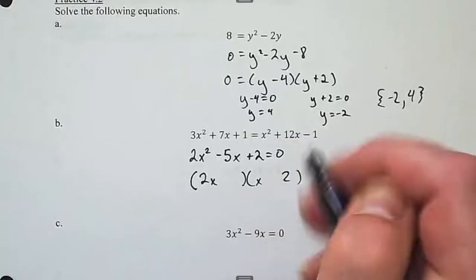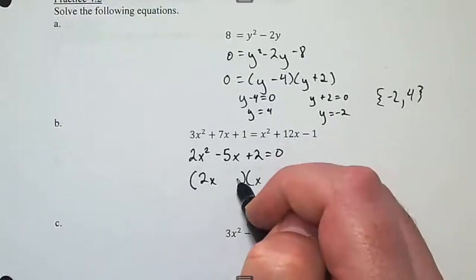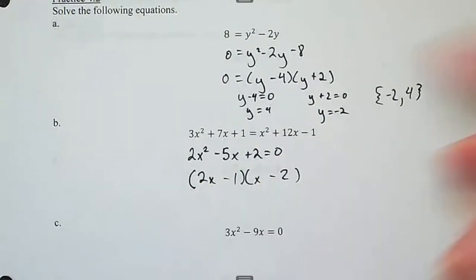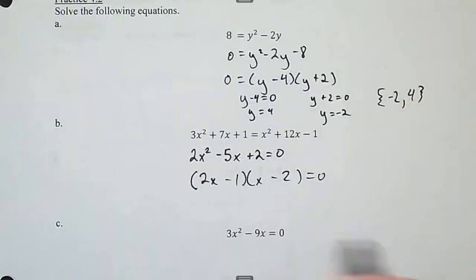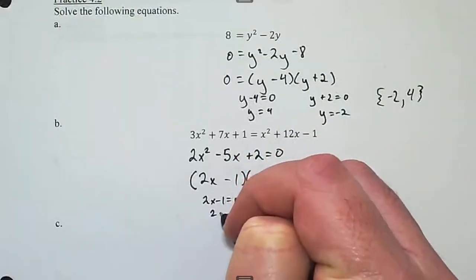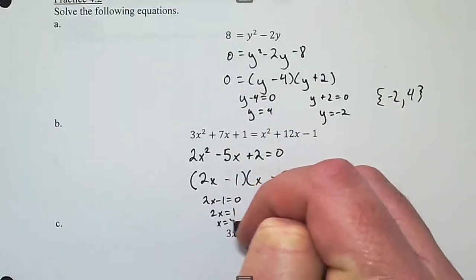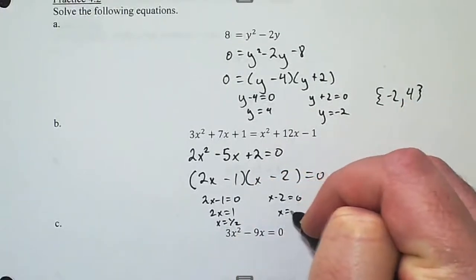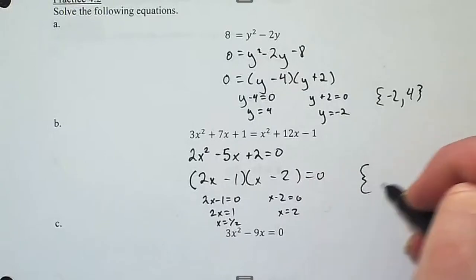Let's put the 2 over here so I get a 4x and a 1x. If I make them both negative, that'd be a negative 4x minus 1x, negative 5x. And then we'll just set each factor equal to 0 with our zero product property. So x equals 1/2 and x equals 2. So 1/2 and 2.